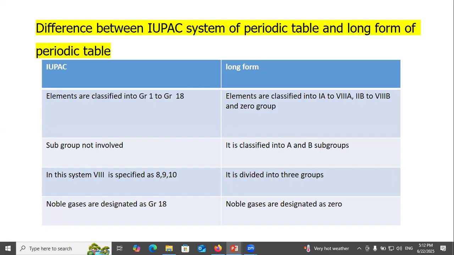In the IUPAC system, the third is specified as 8, 9, and 10, divided into 3 groups, but not given a number in the long form table. Noble gases are designated as group 18, and in the long form noble gases are designated as the 0 group.